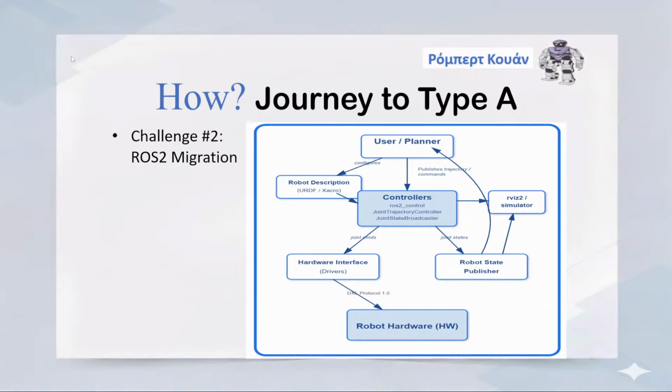Then I have the ROS controller and the hardware interface that supports the DXL protocol 1.0 to communicate with my robot hardware. The ROS control will also have the robot state publisher working and sending the data topic back to RViz2 or my simulator.